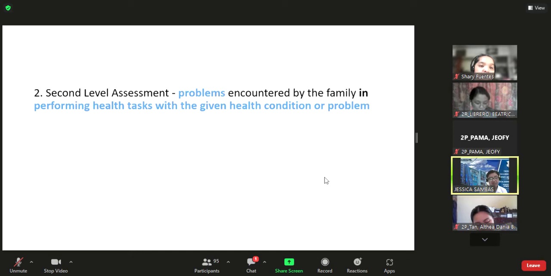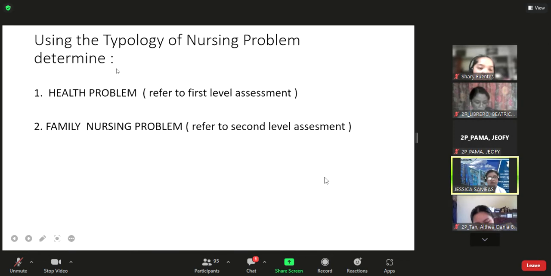Inability to make decisions with respect to taking appropriate health action, okay, due to, you choose here. So what could be the reason? Inaccessibility of appropriate resources, specifically physical inaccessibility, or what is their reason, based on your interview. So that is what we will do for second level assessment.